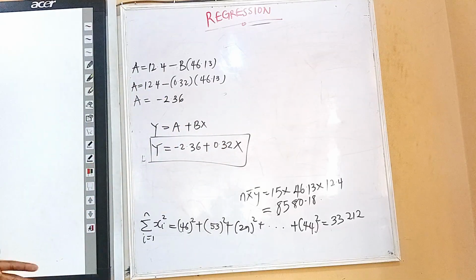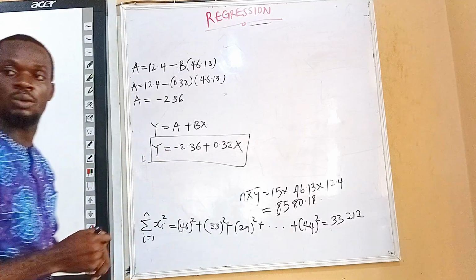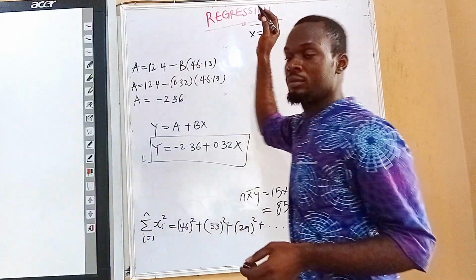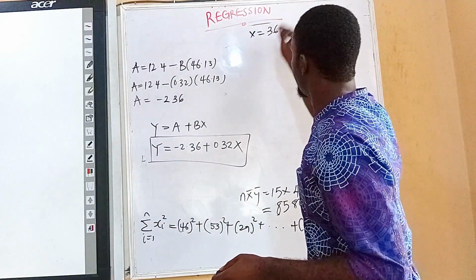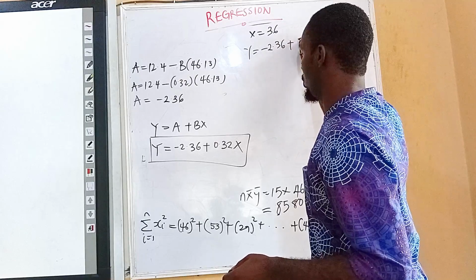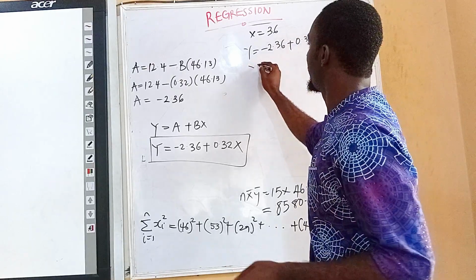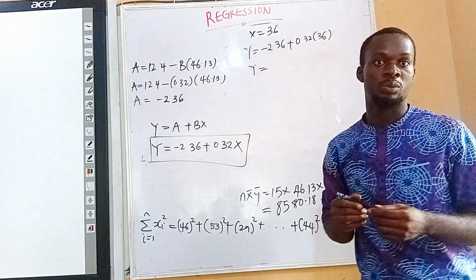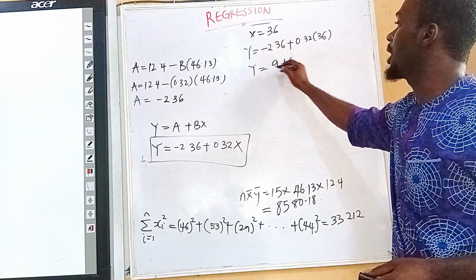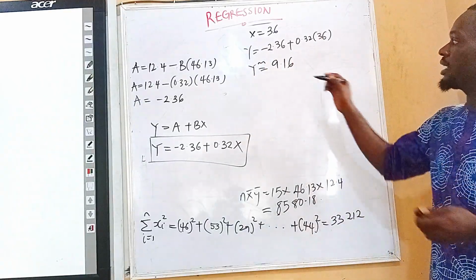Let's pick x equal to 36. Our y will be equal to minus 2.36 plus 0.32 times 36, which is approximately 9.16. This gives you an idea; in the table, the answer is 10.